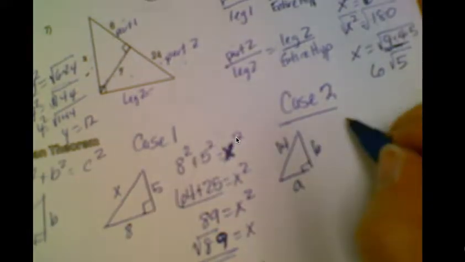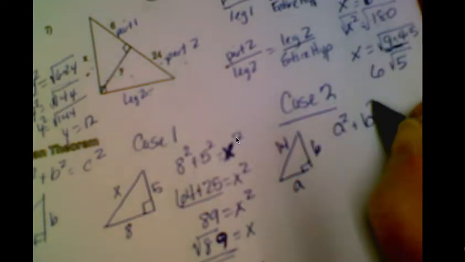Okay, this time we're missing a leg. This is a 6. I know my 6s are sometimes confusing, but that's a 6. So I'm going to fill this in with Pythagorean's theorem again. a squared plus b squared, which is my 6, should have chosen a different number, is equal to 14 squared.